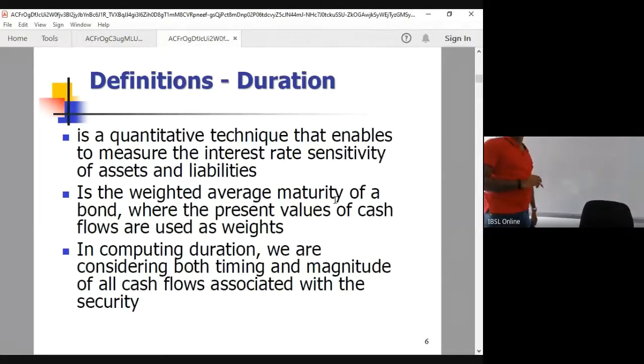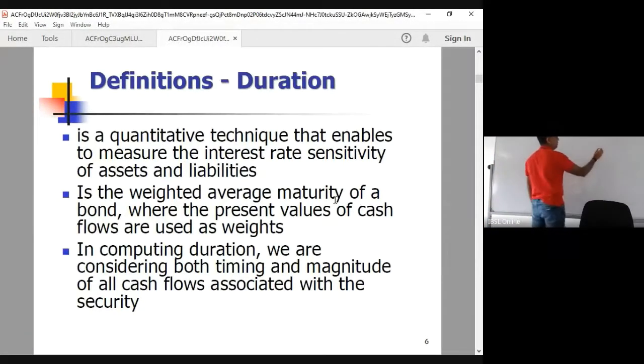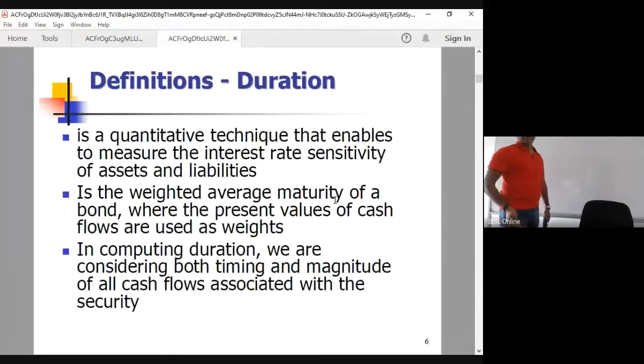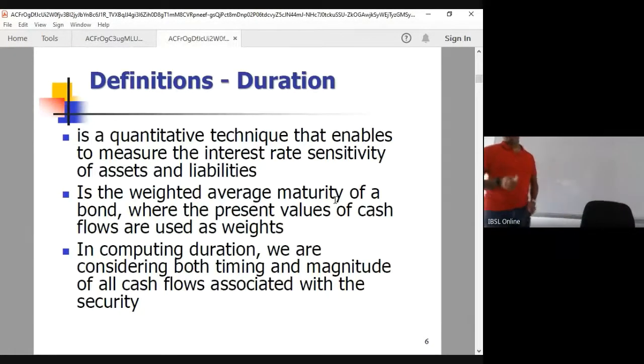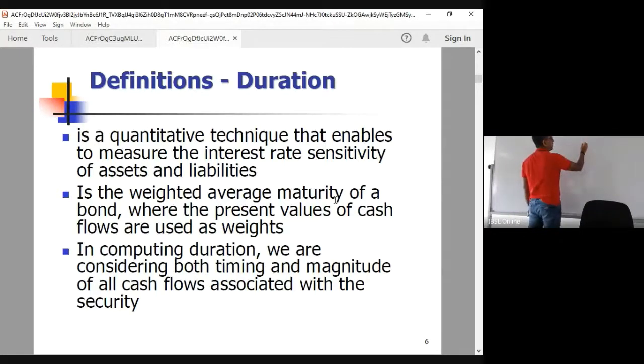Basically, how long? So if you have 0 and this is 1 year, nothing in between, the duration is 1 year. If you buy a security now that's maturing in a year's time, the duration of the security is 1 year. Now, where it gets complicated is, if you get a cash flow for that security in 6 months' time.